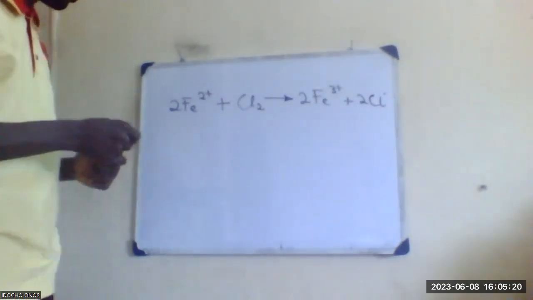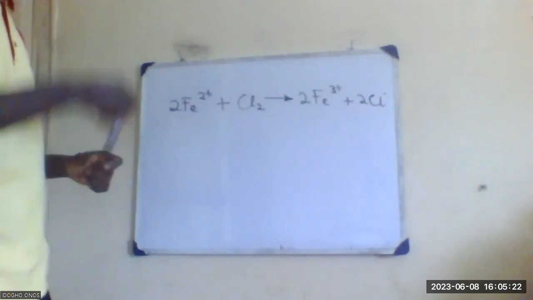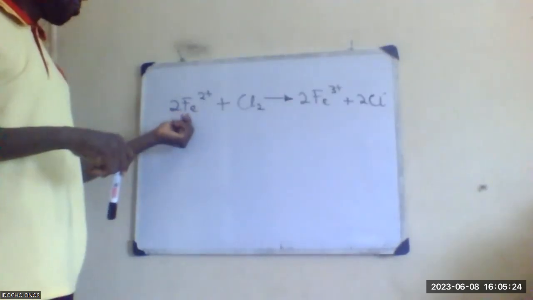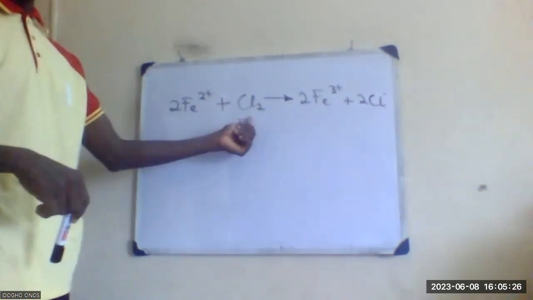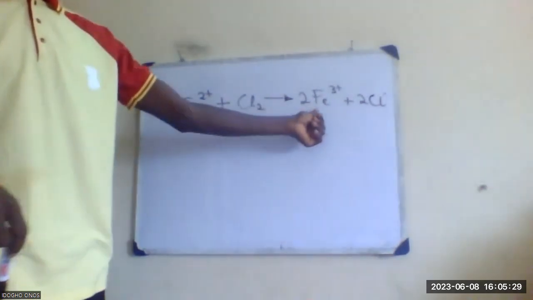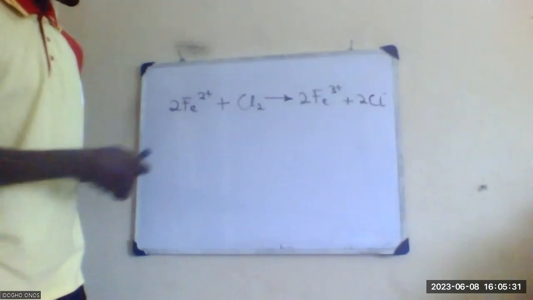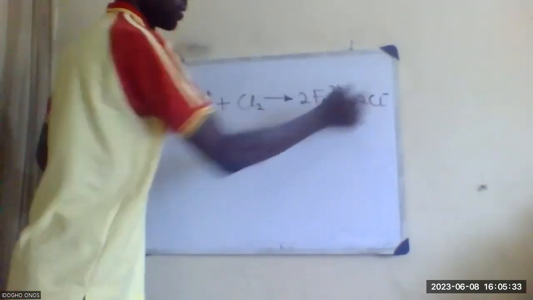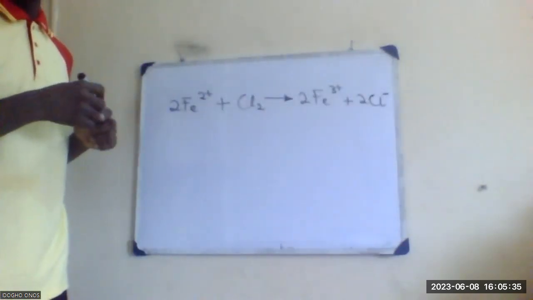Did you get that? Fe2+ plus Cl2 gives Fe3+ plus Cl-. Is this equation balanced?